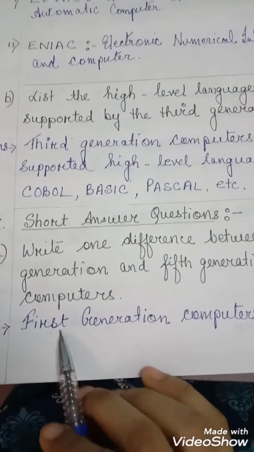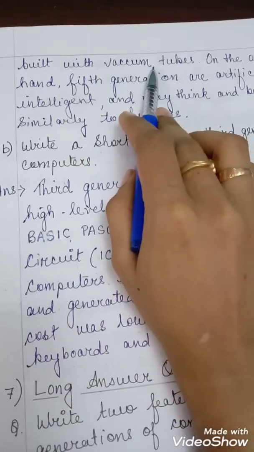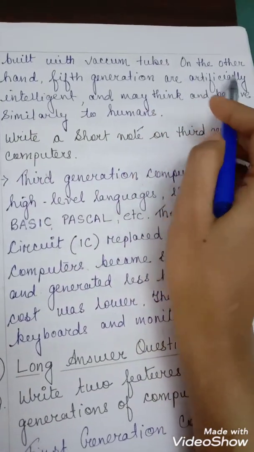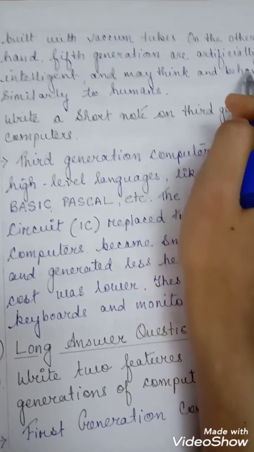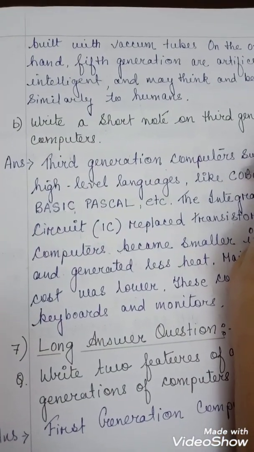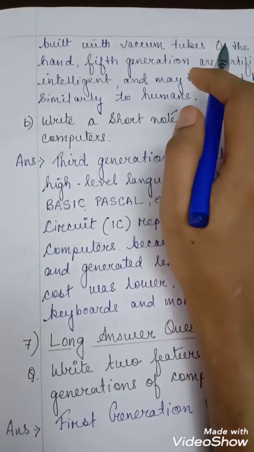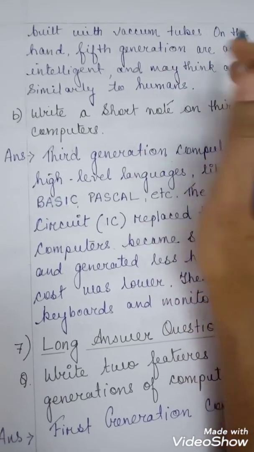So first generation computers were built with vacuum tubes. On the other hand, fifth generation are artificially intelligent and may think and behave similarly to humans. So this is how you have to write the difference between first generation and the fifth generation computers. Clear, children?